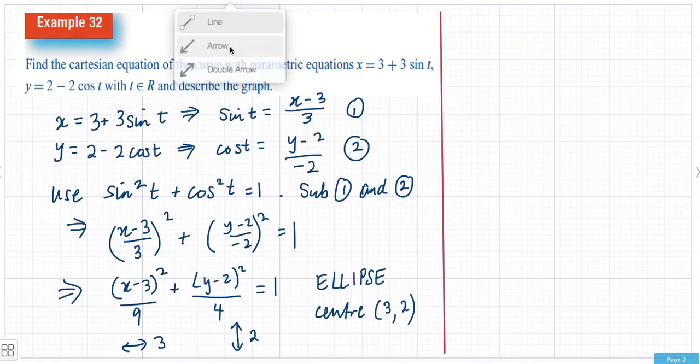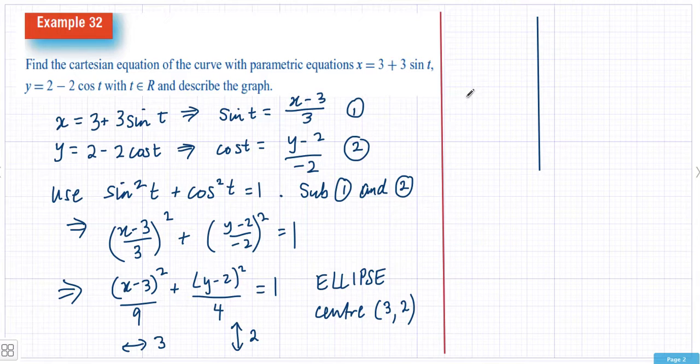So if we wanted to sketch this just to get an idea, it does just tell us to describe the graph, but just so you can see what it looks like, I'm just going to draw it nice and quickly for you. It's a bit rough. So we've got 3, 2 as our center.